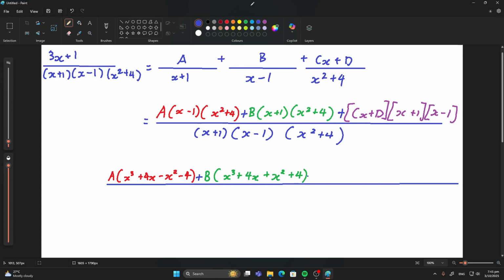And last but not least, if you actually simplify this, it's actually x squared minus 1.